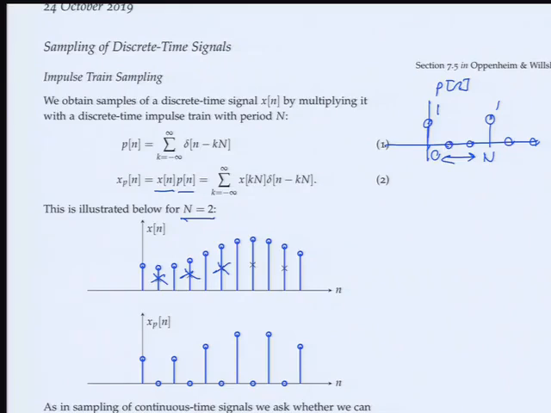Is that how you would have done sampling on a discrete time signal if I asked you to? No? Maybe you would have done it a little differently, possibly. So the way I define it, xp of n is a sampling of the discrete time signal x of n, right?